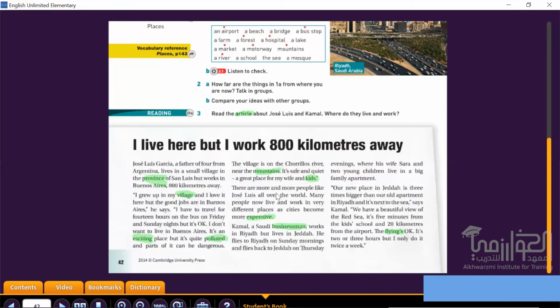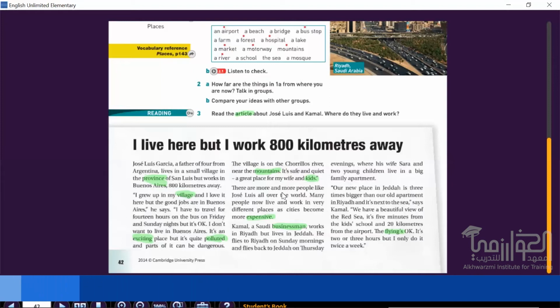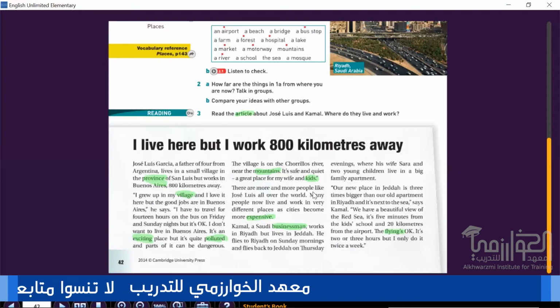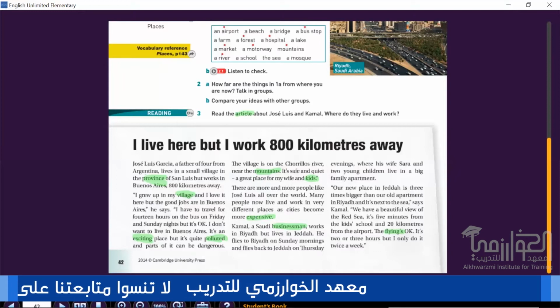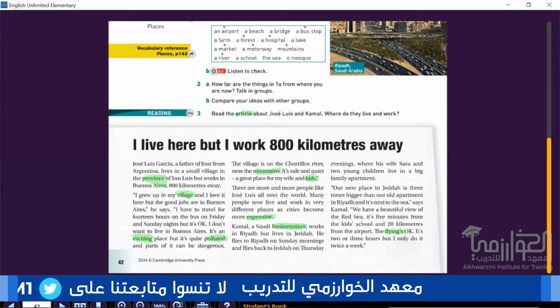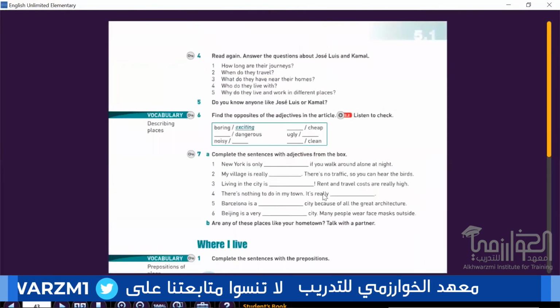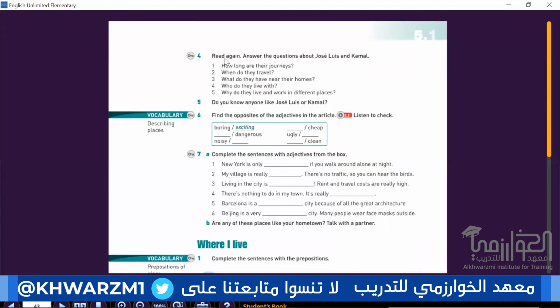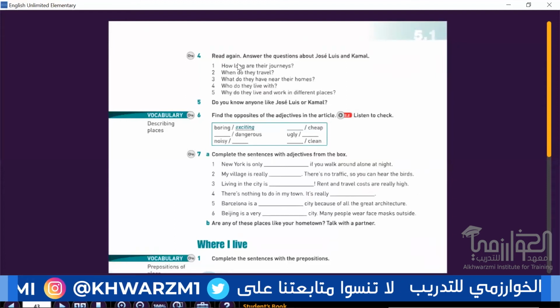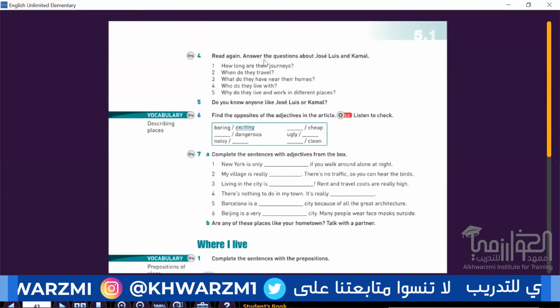Then you read, or you can pause the recording, and then read it before you move to the next page. I'm moving to the next page, but pause your recording and read this before you join me to answer the questions. So now, these are the questions after reading.